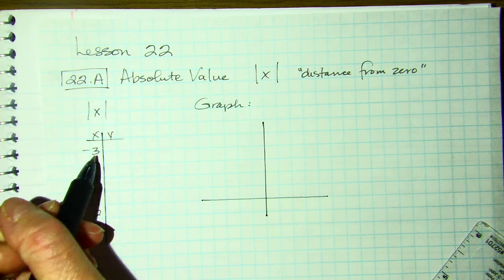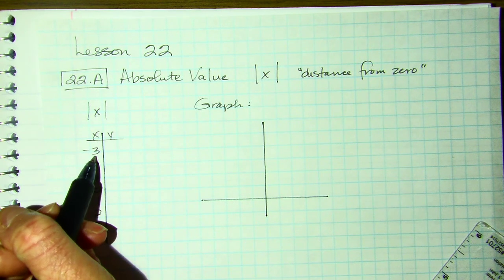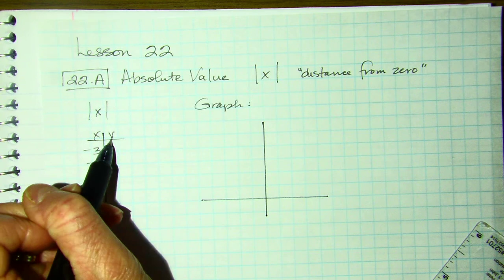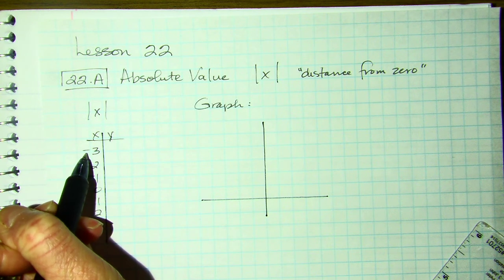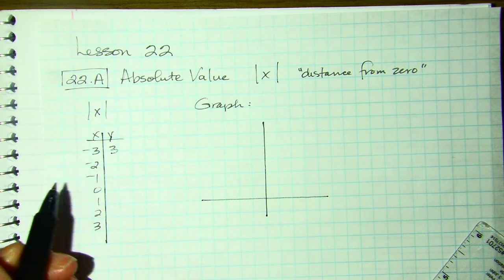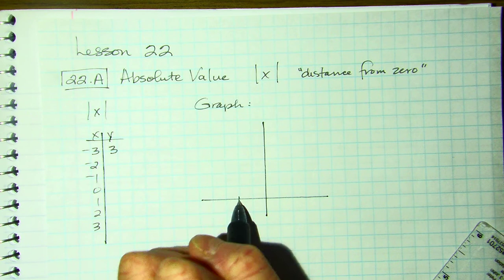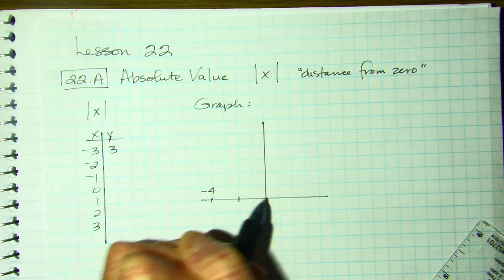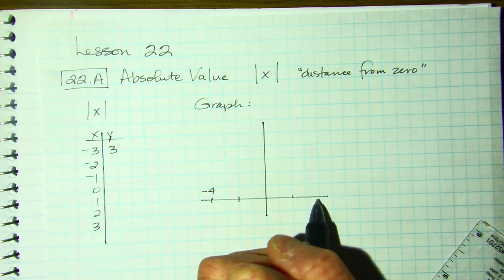So really quick, the absolute value of a number is the distance from 0, and distance cannot be negative. So -3 is 3 units from 0, right? If this is a -4, -3 is 1, 2, 3. If I put +4, that's here.